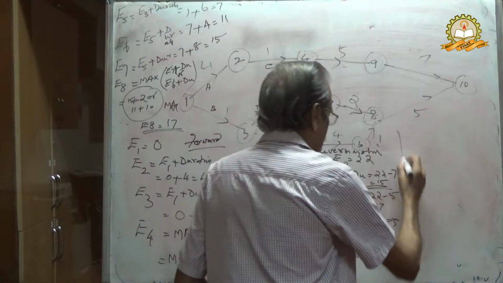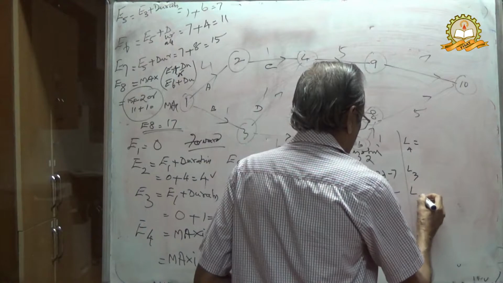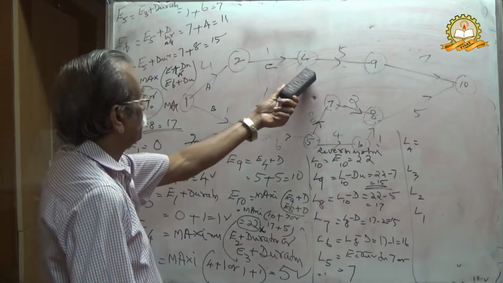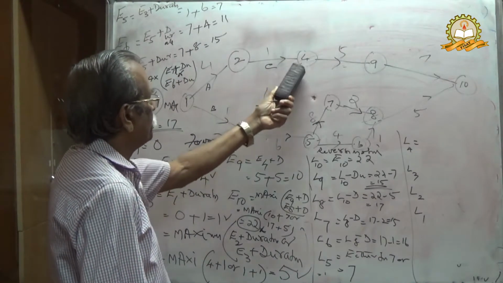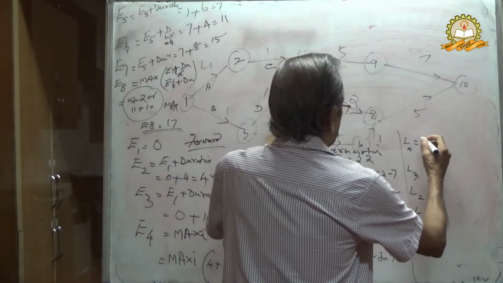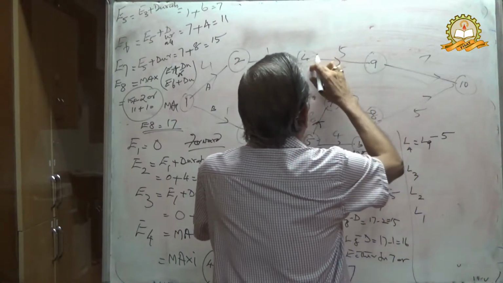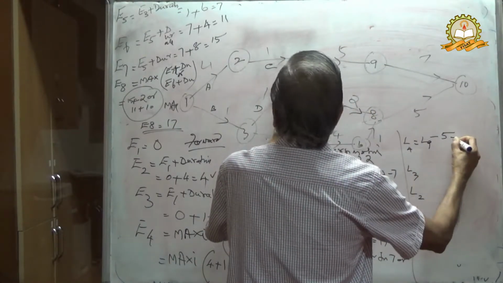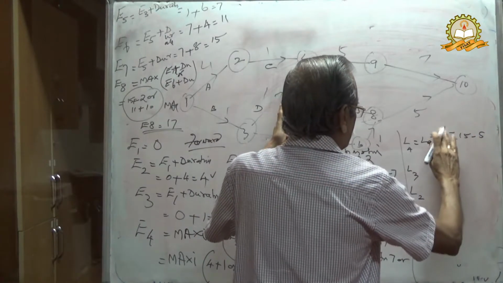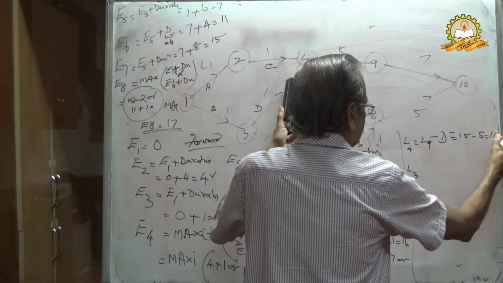Then L4, similarly, you can calculate L4, L3, L2, L1. Now come back to L4. Forward motion is concurrency, but in this return no. Therefore L4 will be L9 minus duration. L9 equal to 15 minus 5, 10.